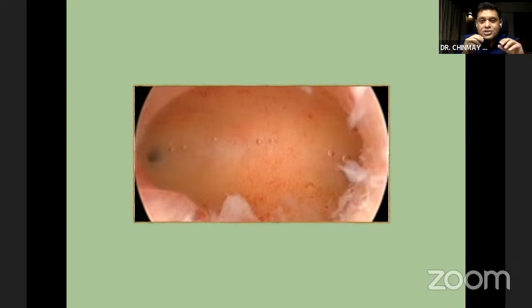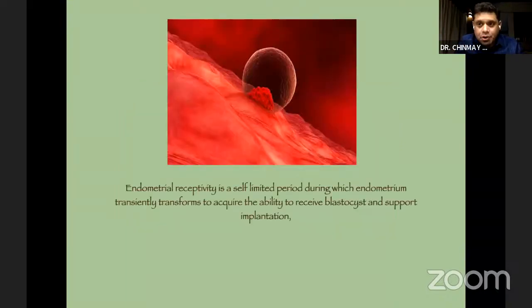Nature has progressed from a single cell to amoeba to multicellular to a complex human being, and this reproduction process is extremely complex. And all we know is giving 5 days of progesterone and expecting that our cycle should work. It is not how it happens. And that is why talking about endometrial receptivity is extremely important.